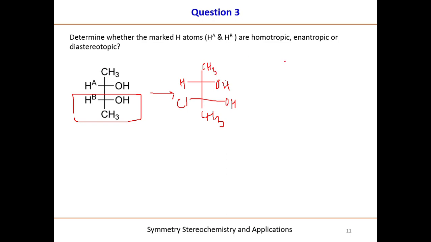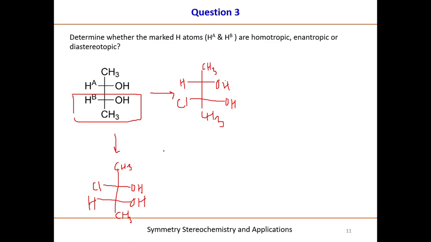And the other possibility is that we change HA by a Cl group, and this H will remain as it is. OH, H, OH, CH3, CH3. Correct? Now we have to check whether both isomers are the same or not.